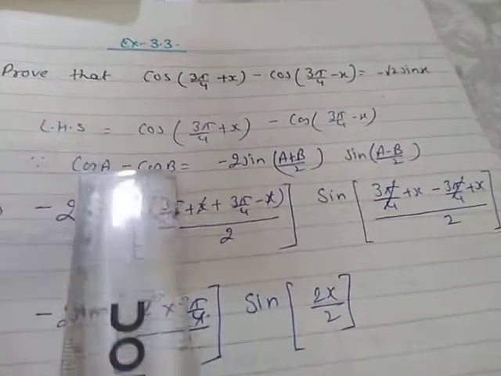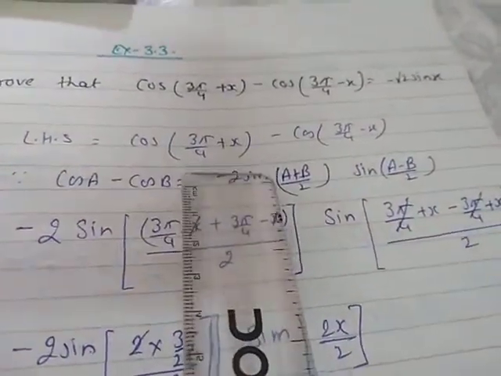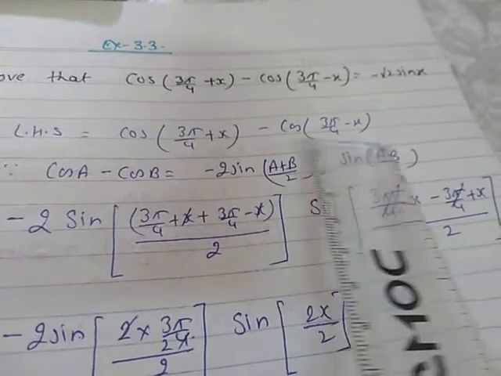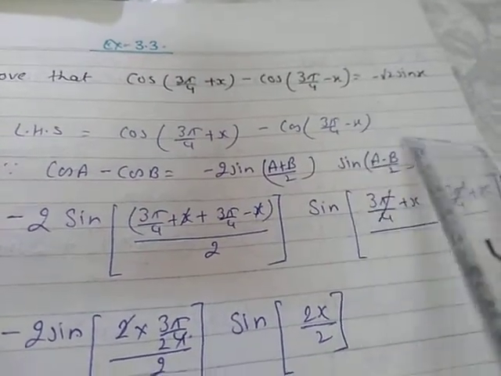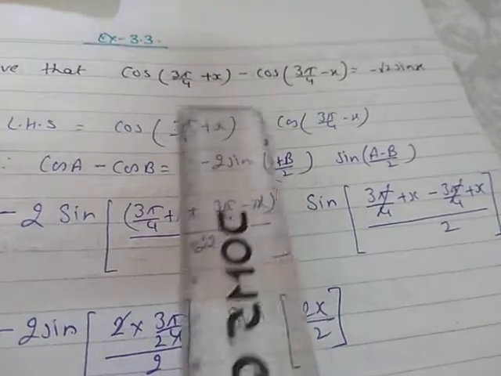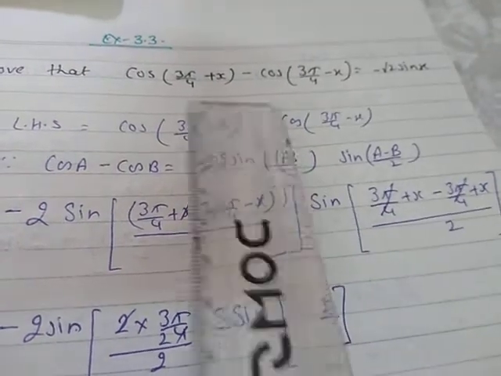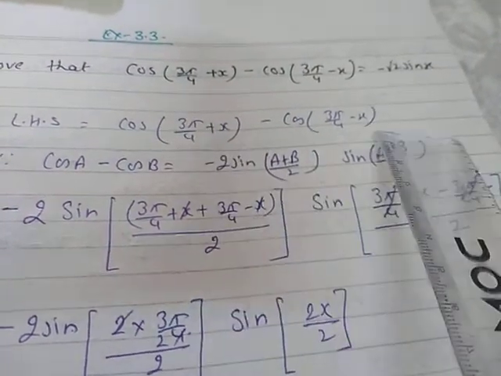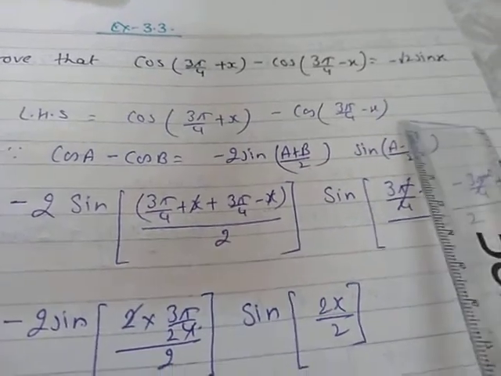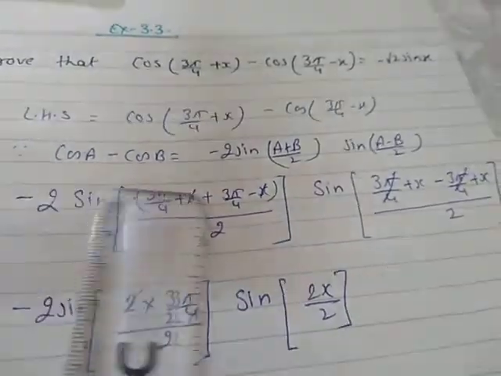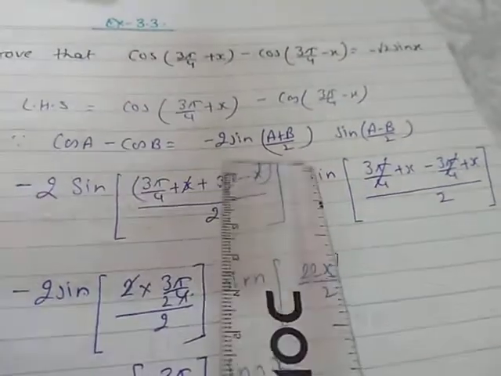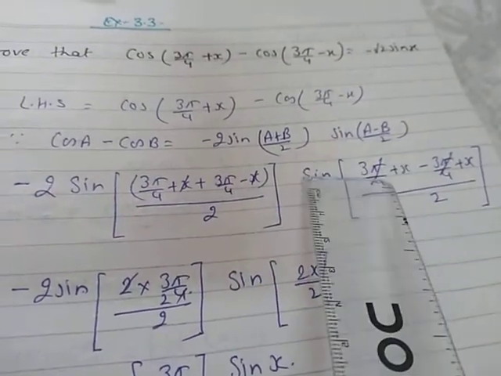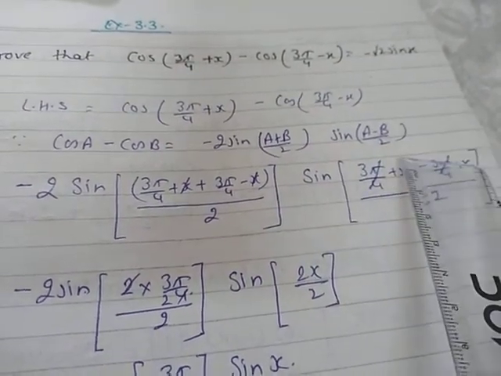Okay, taking LHS, cos(3 pi by 4 plus x) minus cos(3 pi by 4 minus x), where angle A is 3 pi by 4 plus x, and angle B is 3 pi by 4 minus x. Then cos A minus cos B is equal to minus 2 sin((A plus B) by 2) sin((A minus B) by 2).